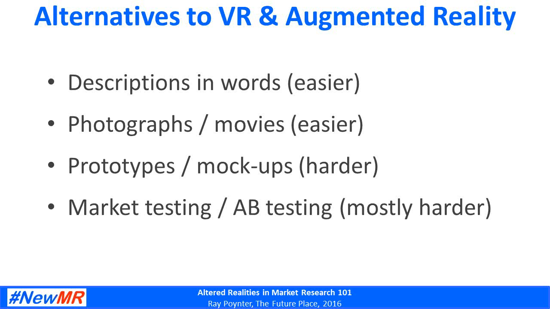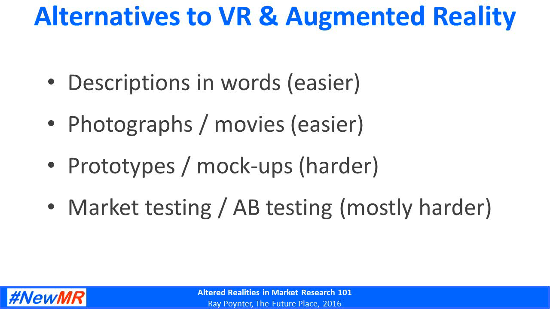Well, if we're running a website, we can change 2 features of the website, see which one is more successful, make that the new normal. Take another 2 features, change them, make that the new normal. If we have a retail outlet that has a lot of digital displays, we can do exactly the same there.